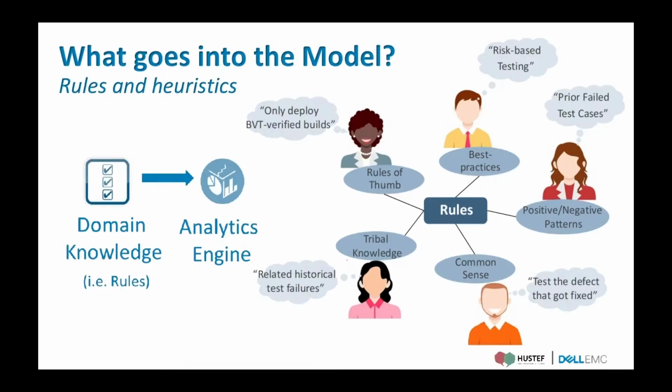So what goes into that model? Well, all of us that have been doing test engineering, we already have our best practices baked in. We've already got our rules of thumb that we use. We've got the common sense and the positive and negative patterns that we've learned over our testing experience.